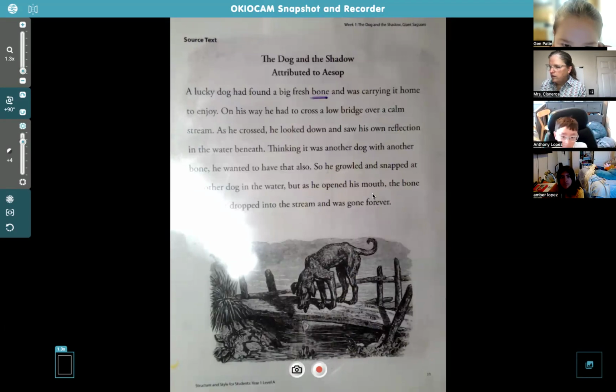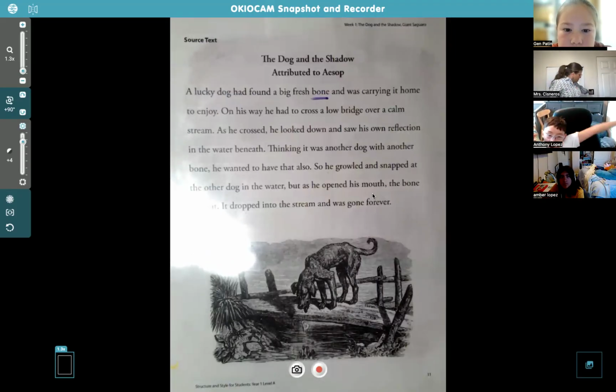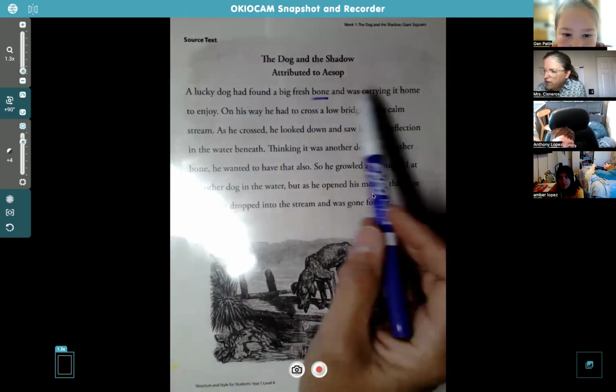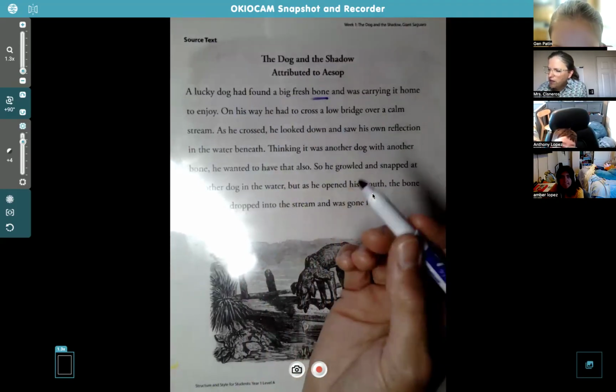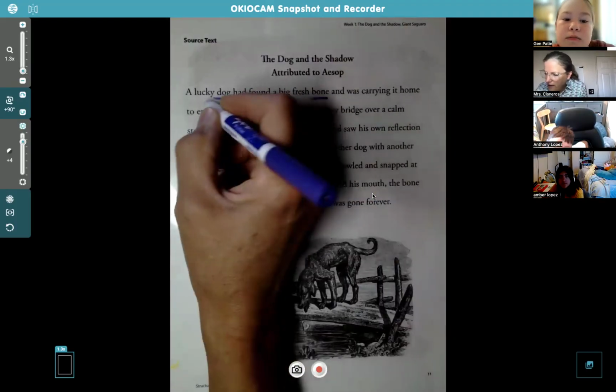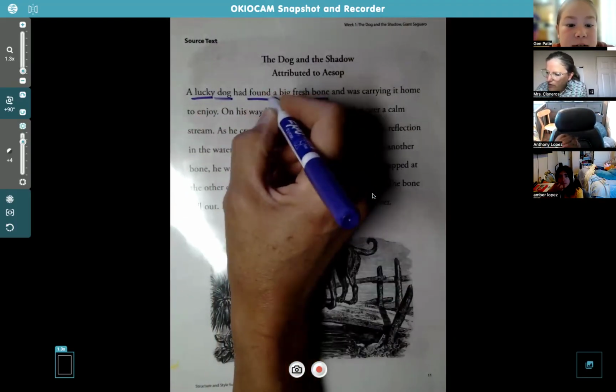One keyword was bridge. Yep. That's in the next sentence. So let's just try to stick with that first sentence. But there's a keyword like dog is a keyword, lucky. Found.